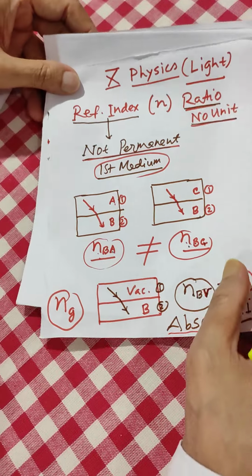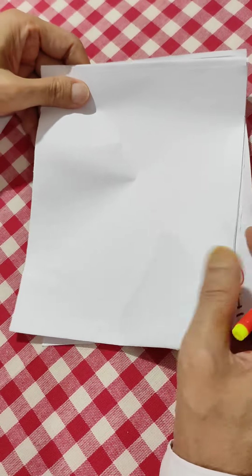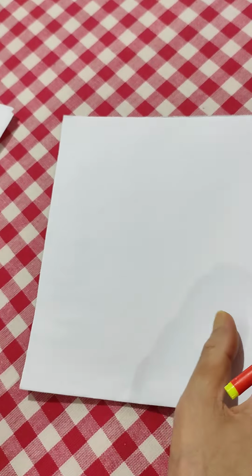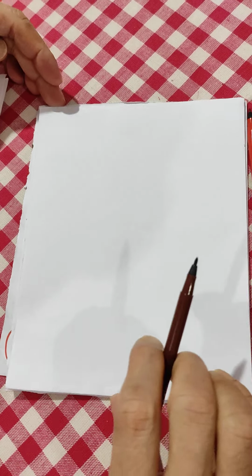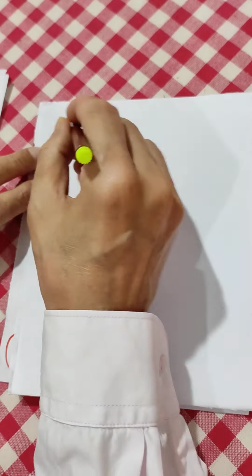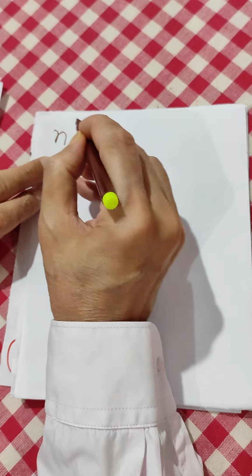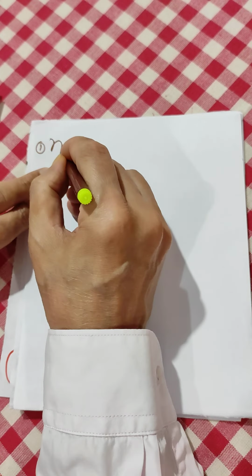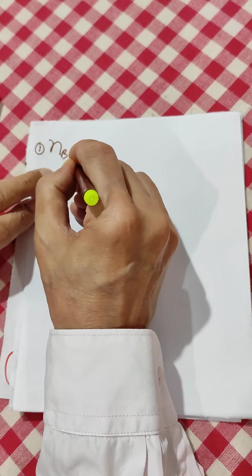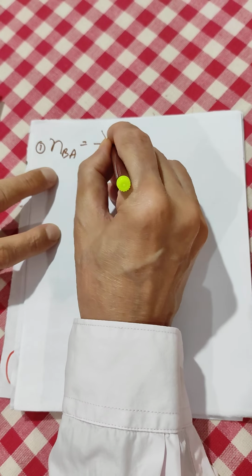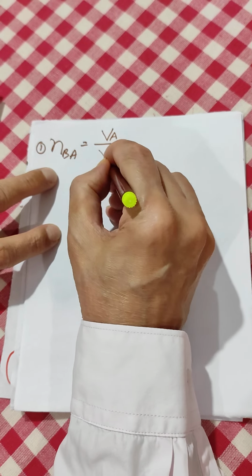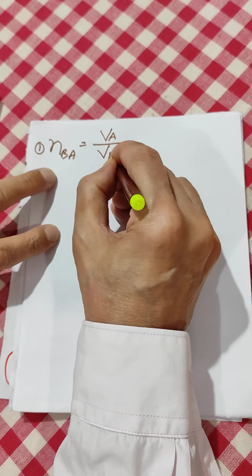Okay. All right. Now I am going to discuss some important formulas. All right. Now let us see the first formula. This is the first formula involving refractive index. So NBA is equal to VA by VB.